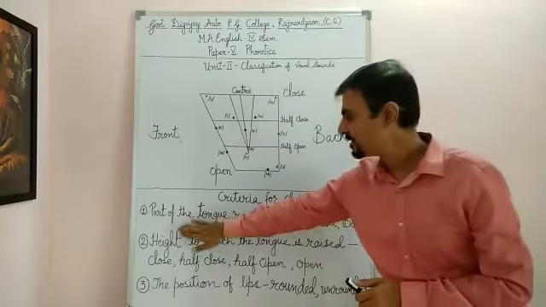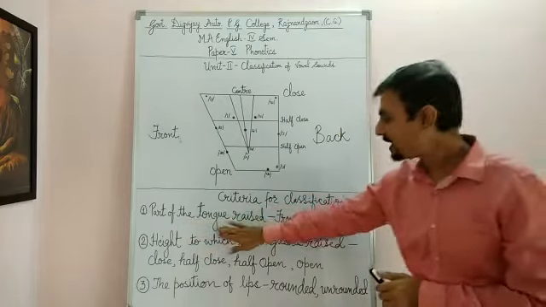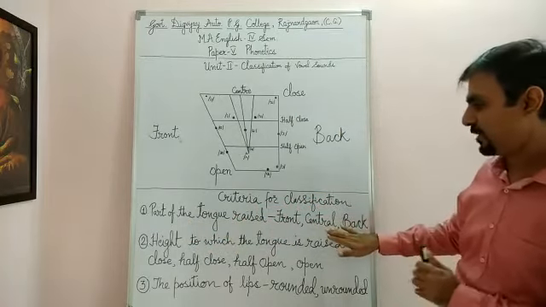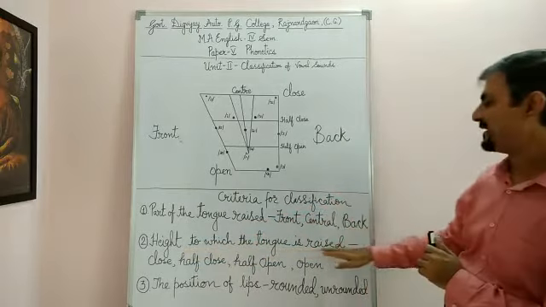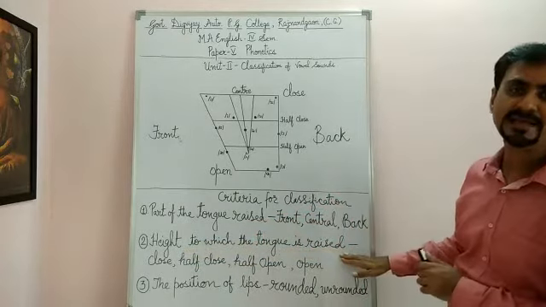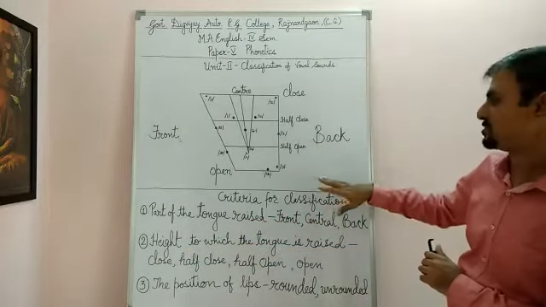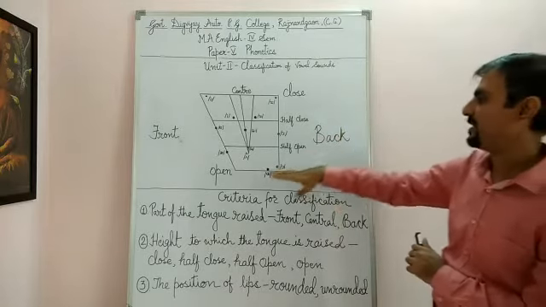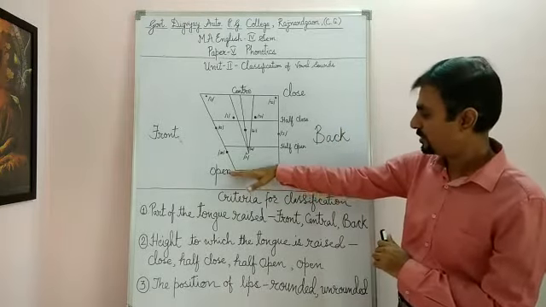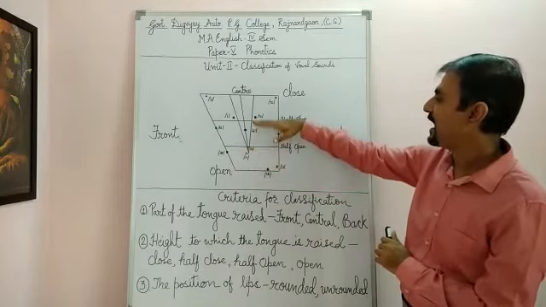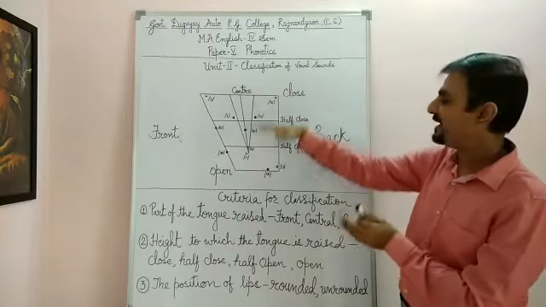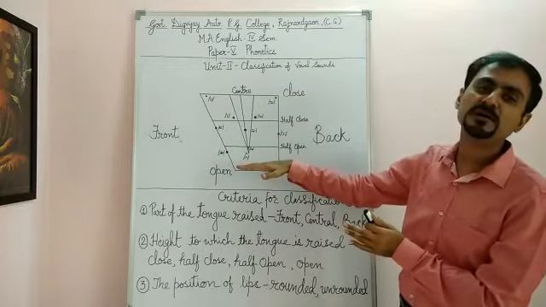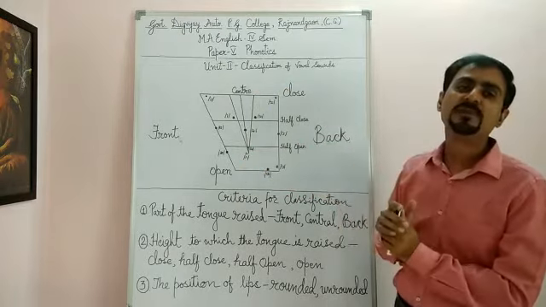So that is the first criteria, which part of the tongue is raised. Now, second criteria, the height to which the tongue is raised. In that case, we have four positions or four criteria: open, half open, half closed, and closed. Means where exactly is the position of the tongue when a particular vowel is articulated.